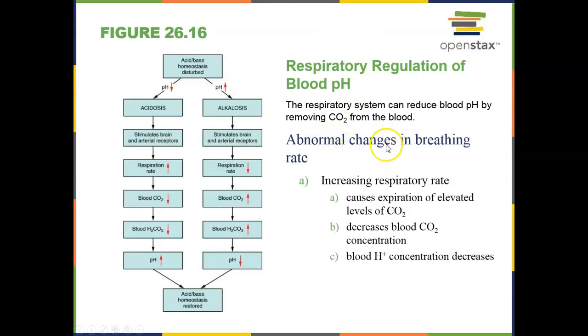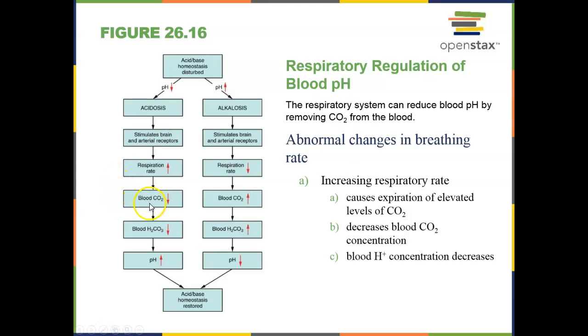So what typically happens is when our pH is decreasing, this stimulates the brainstem, the medulla, to cause our respiratory centers to start being stimulated to breathe faster. So it increases our respiratory rate.